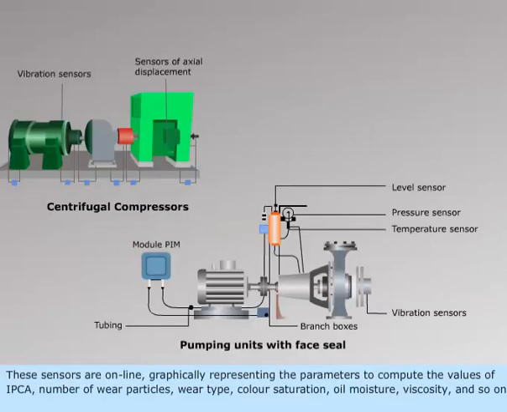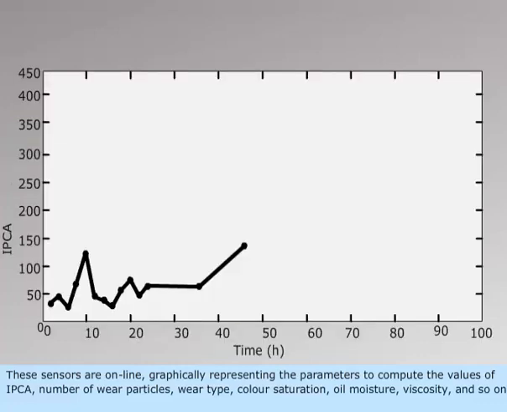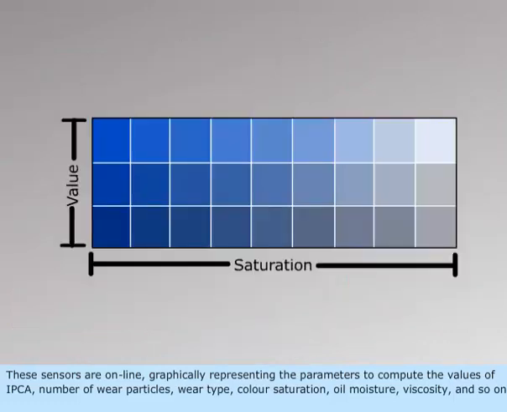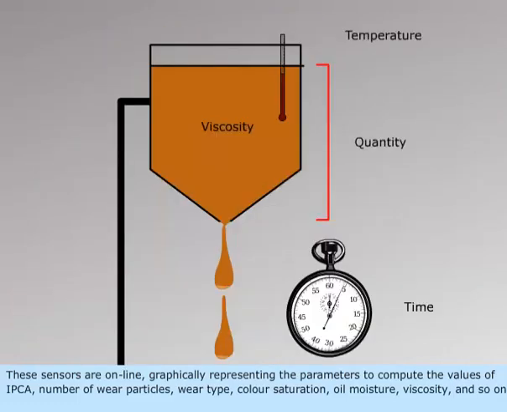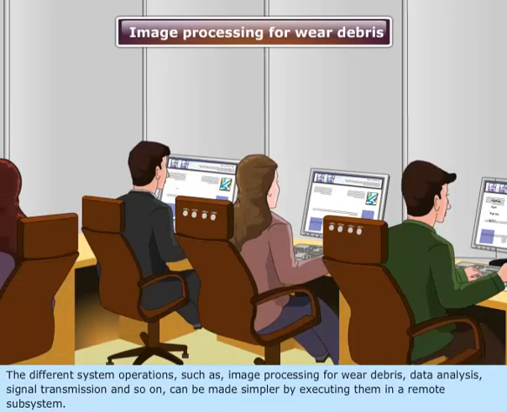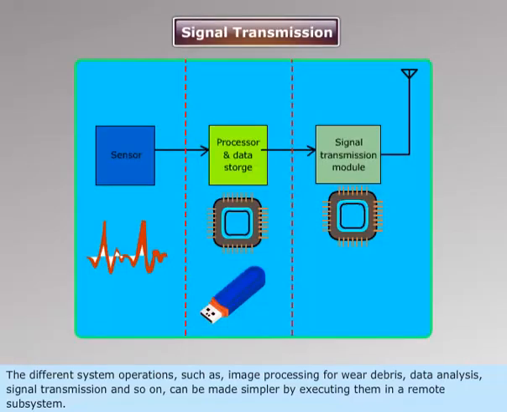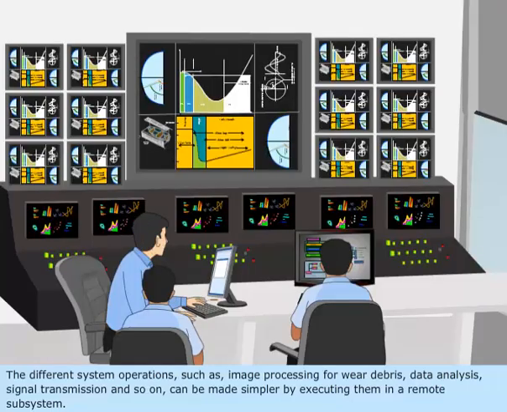These sensors are online, graphically representing the parameters to compute the values of IPCA, number of wear particles, wear type, color saturation, oil moisture, viscosity, and so on. The different system operations, such as image processing for wear debris, data analysis, signal transmission, and so on, can be made simpler by executing them in a remote subsystem.